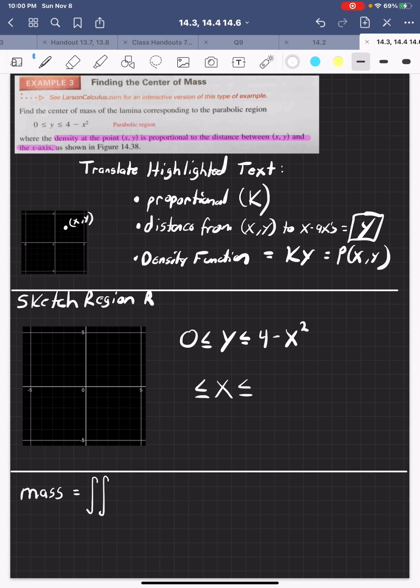All right, so next let's go ahead and sketch the region that we're interested in. So y is equal to 4 minus x squared. Well, that x squared tells me that we're dealing with some type of parabola. And we just need to sketch the parabola. So from here, and let me do my best.